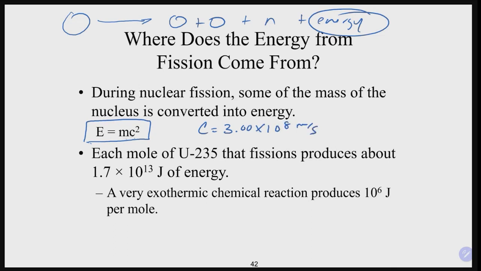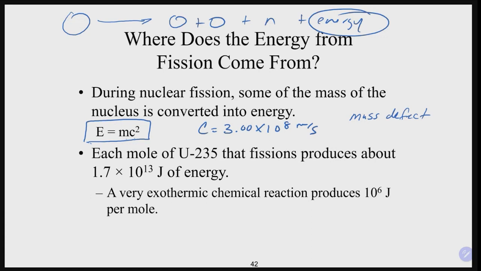So in our case here, what we're going to talk about is what is referred to sometimes as the mass defect. And that mass defect is that little bit of mass that gets converted into energy in this process. And in a fission reaction, it obviously gives off way more energy than any sort of exothermic chemical reaction.